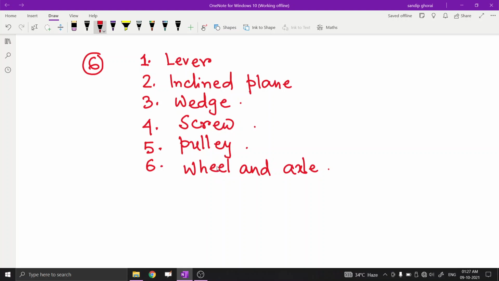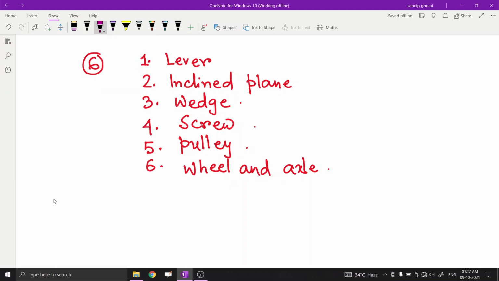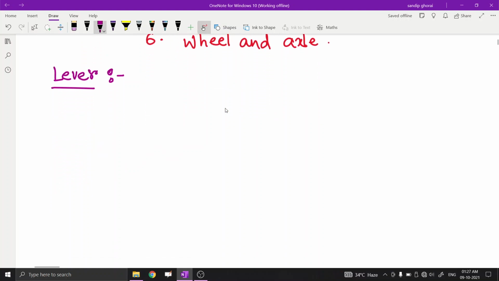Before discussing lever, you have to know the definition of lever. So the first point is, what is a lever?